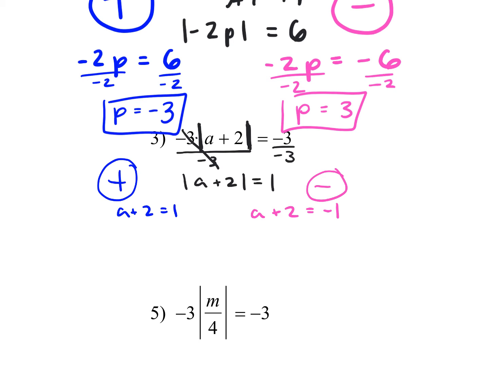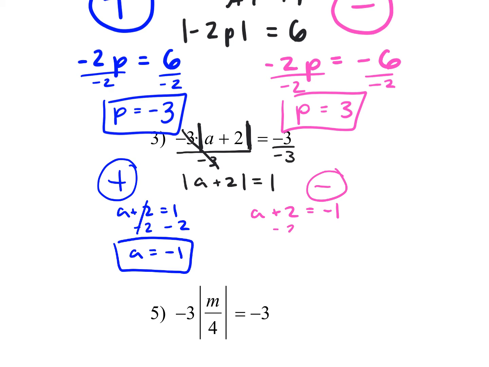So if a plus 2 is equal to 1, how do I solve for a? Tessa. Subtract 2 on both sides. So a is equal to what? -1. Awesome. 1 minus 2 is -1. So that's one answer. And then what should I do in my second equation? Nick.